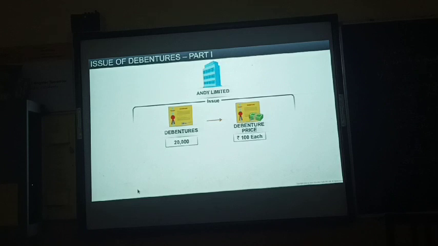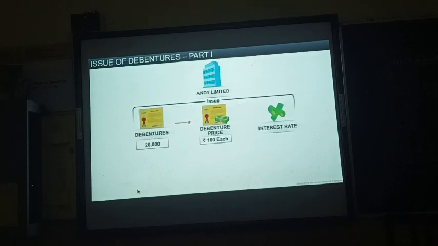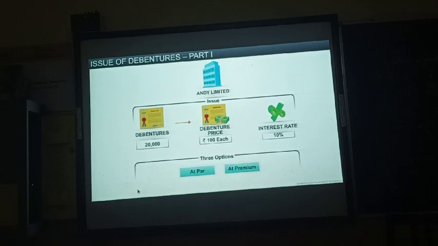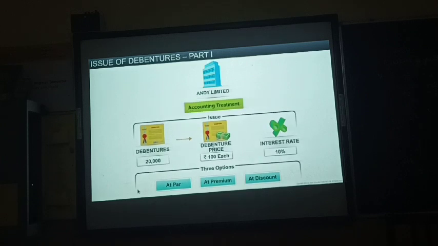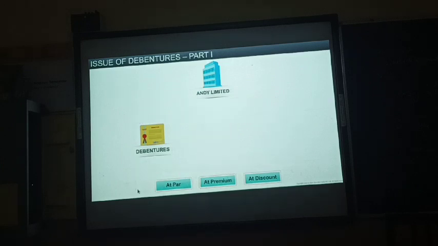Limited has decided a fixed interest rate, or coupon, at 10%. The company has 3 options for the issue of debentures. They may be issued at par value, at a premium, or at a discount. Going ahead, we will look at the accounting treatment for the issue of debentures under these 3 options.